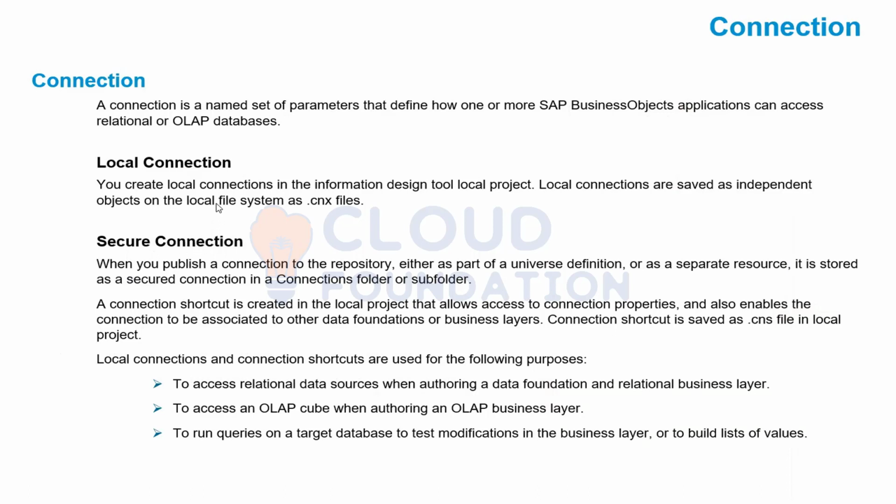So it is always recommended to create the connection in local. If you are thinking of publishing the universe to the repository and consuming it for Web Intelligence, you definitely need to publish it to a repository. For that connection, we can right click and publish to that secure connection. Local connections and connection shortcuts are used for the following purposes.